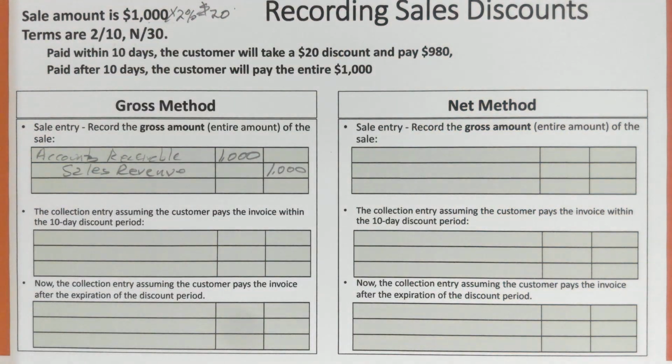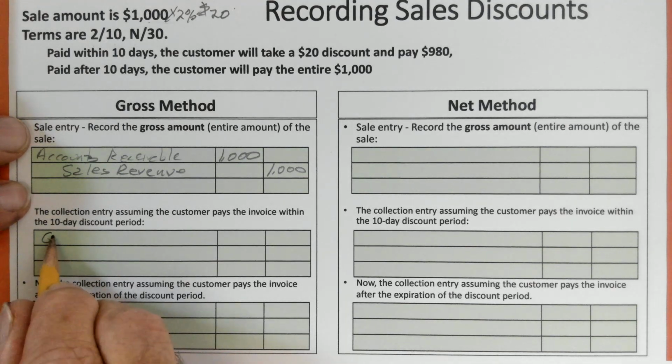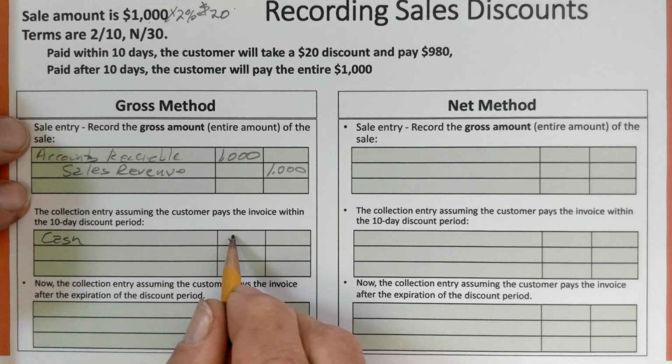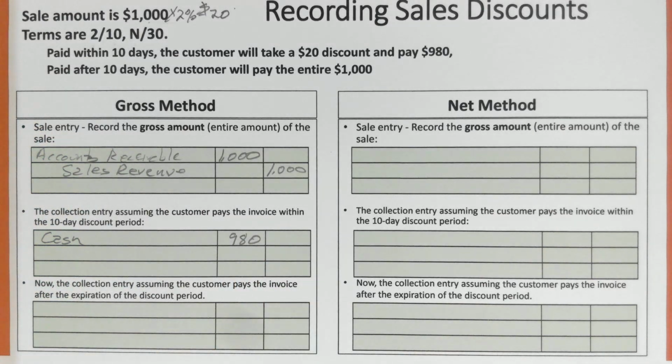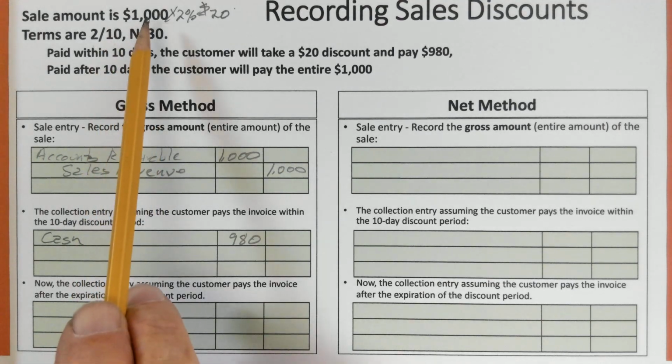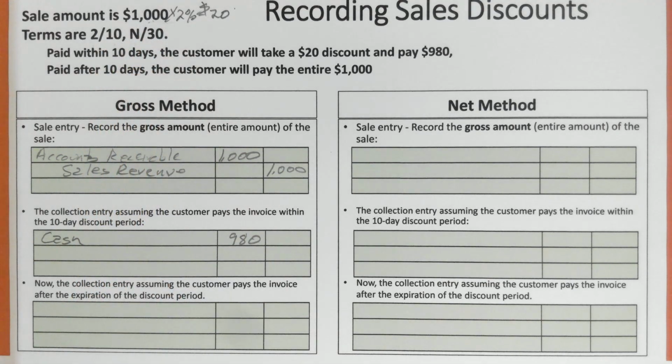So they would take that discount, and so we're only going to get $980. So let's go ahead and record the cash we've got coming in of $980. Now the thing is, when they pay us the $980, it will pay off this entire $1,000 debt they have to us. And they will owe us nothing.